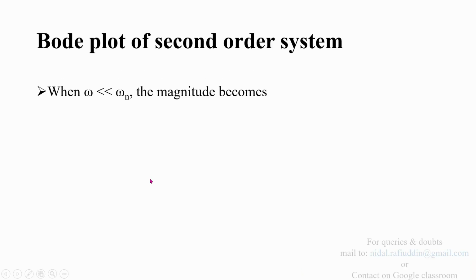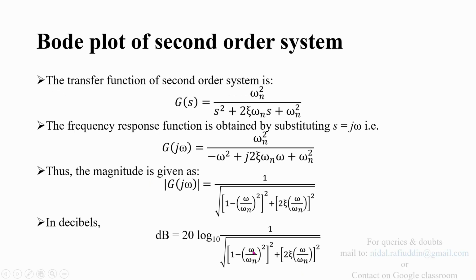Now, again, we are going to make some assumptions. If you look into this expression, we see that if omega upon omega n is much less than 1, or in other words, omega is much less than omega n, in that case this particular term, 1 minus omega by omega n whole square, reduces to 1. And likewise, the other term is also much less than 1, so it will again be assumed 0.